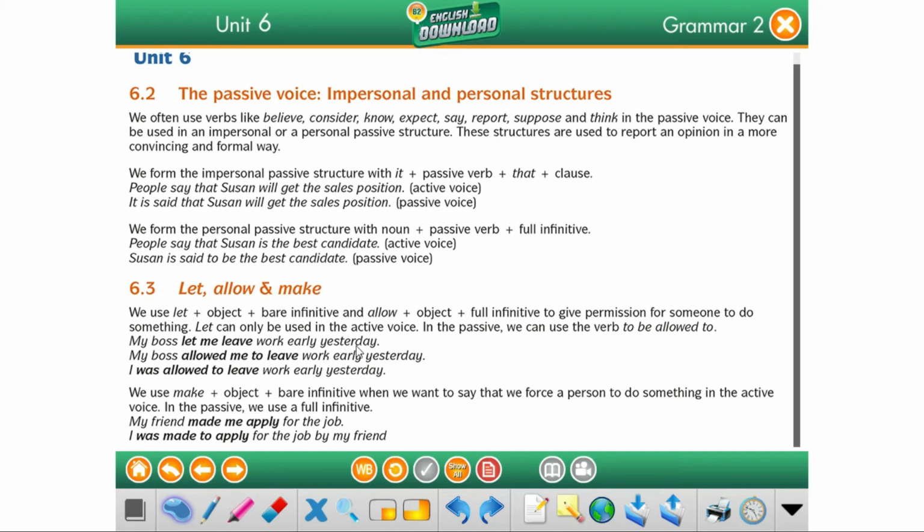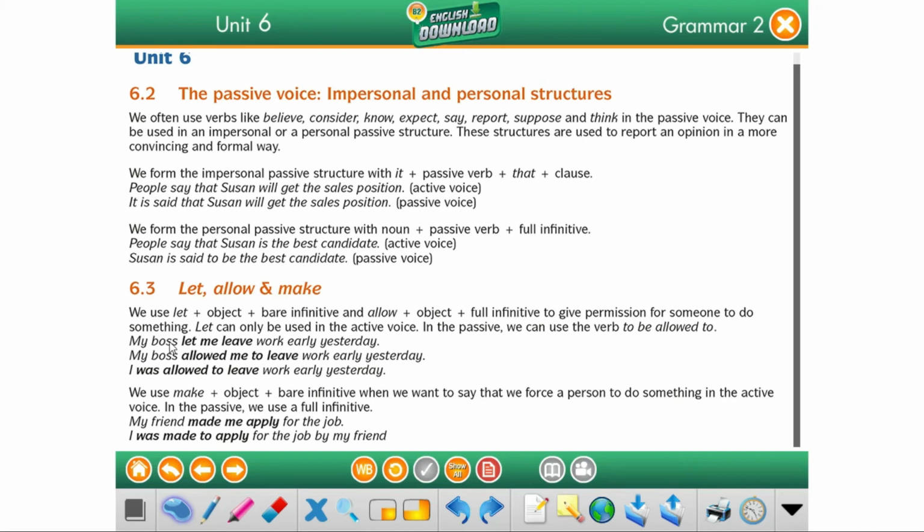These two sentences are telling me that someone gave permission to this person, well, in this case, to me, to do this. What's this? To leave work early yesterday. But if we want to make it passive, we cannot say my boss let me leave.